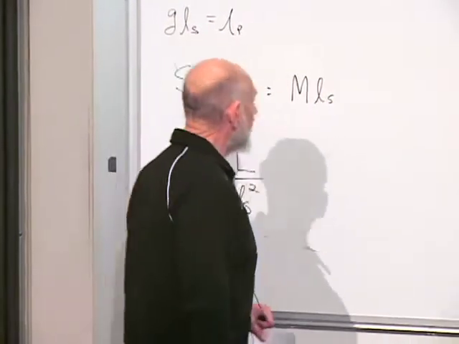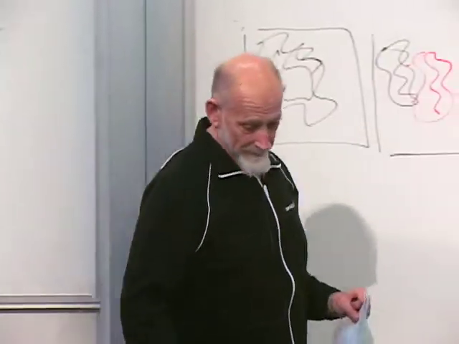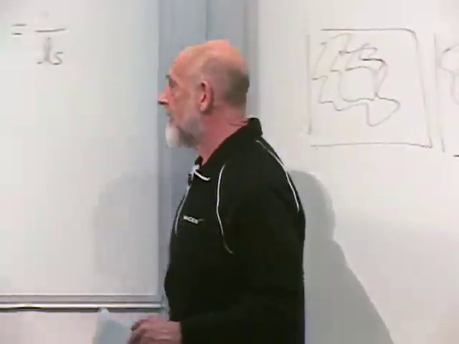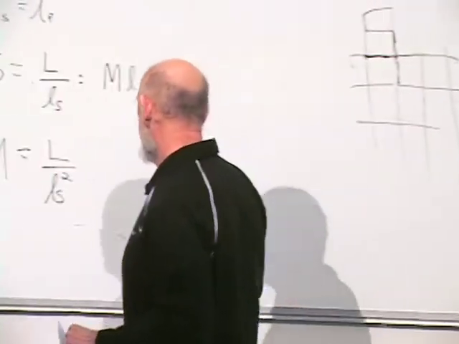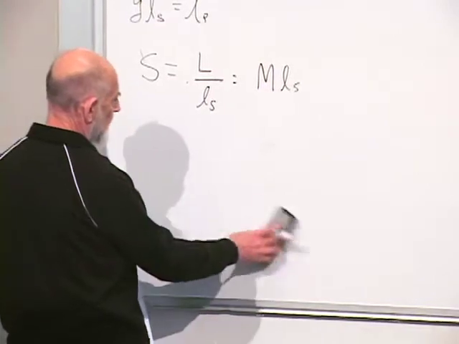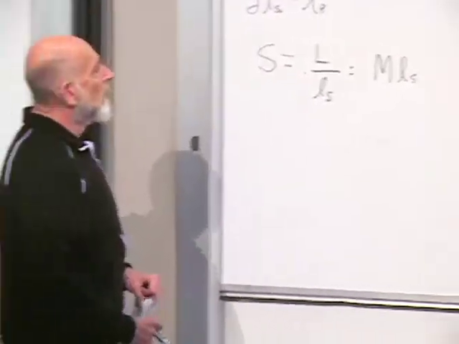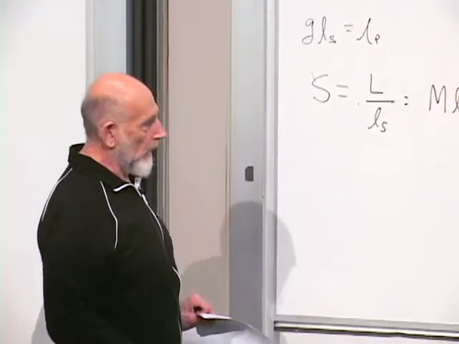Okay, now I want to compare some of these equations with black hole physics. I don't think I need this. Write it down. I may need it again, but I don't think so. This is string theory, if you like.